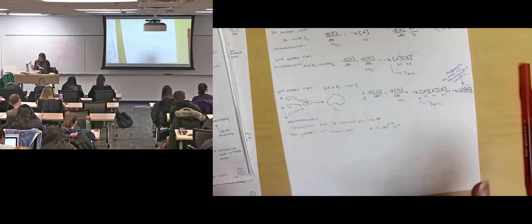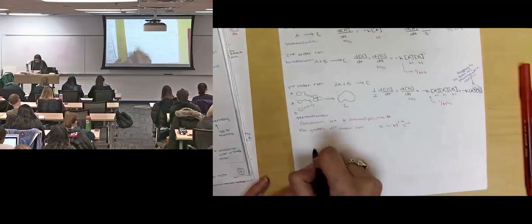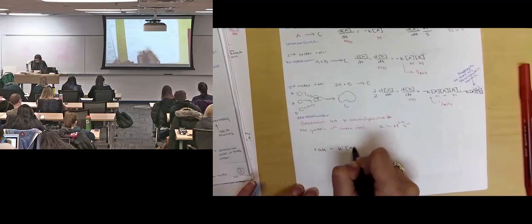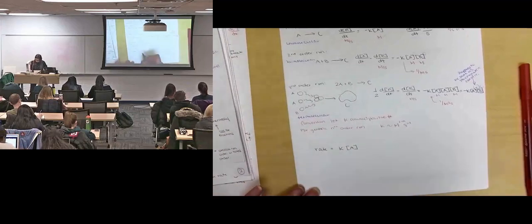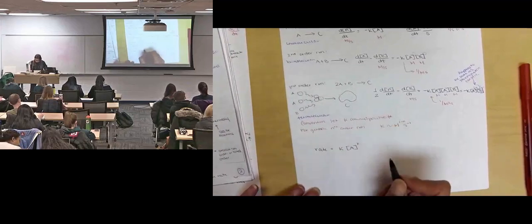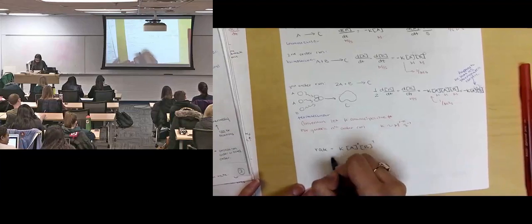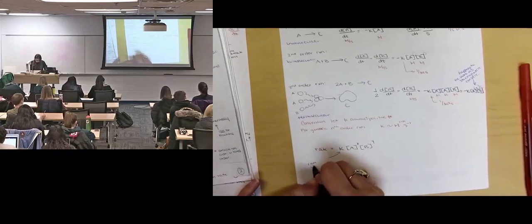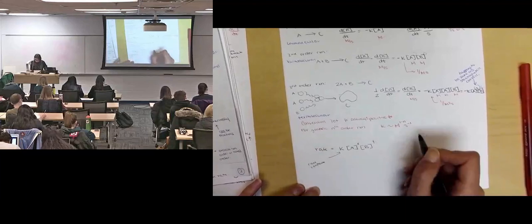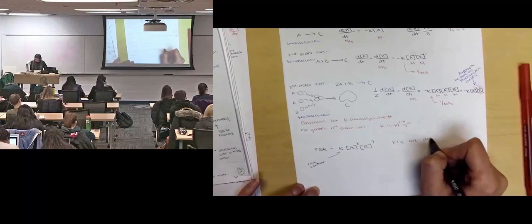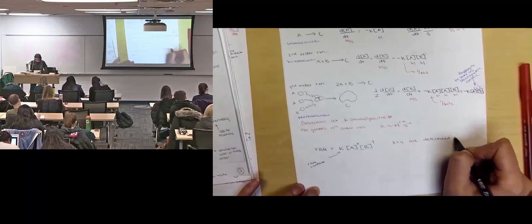So a generic way to write your rate law and identify what reaction order you're dealing with: rate is equal to K, A to the X, B to the Y. This is, of course, just for a two reactant example, but you could have more. K is your rate constant. X and Y are determined experimentally.